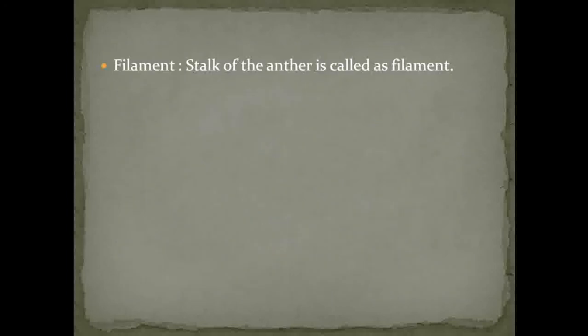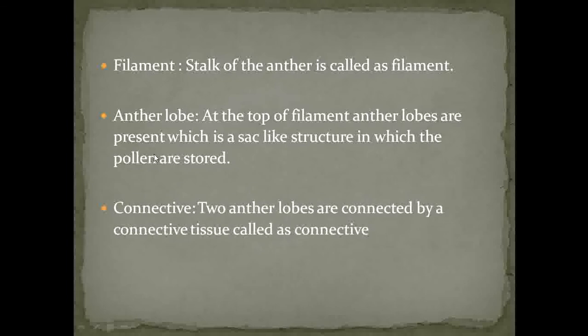So the typical structure of an anther shows the presence of three parts: the filament, which is the stalk of the anther; the anther lobes, which are the sac-like structures present at the tip of the filament; and then the connective. These two anther lobes are connected by the tissue called the connective. So this is about the typical structure of an anther.